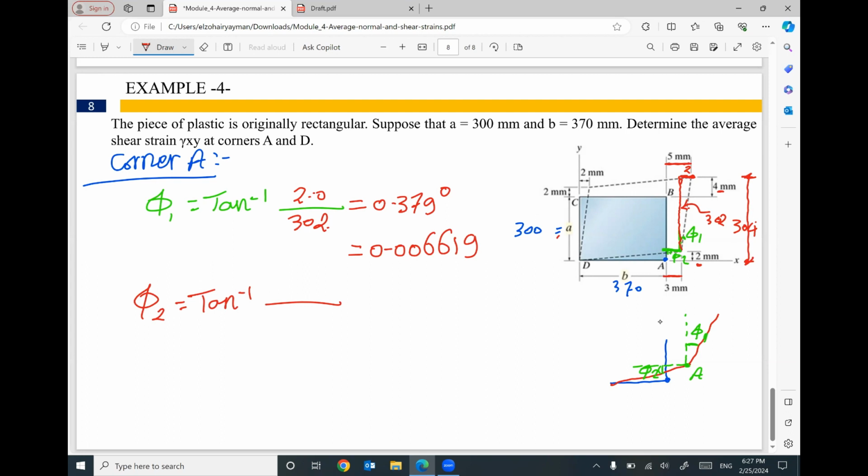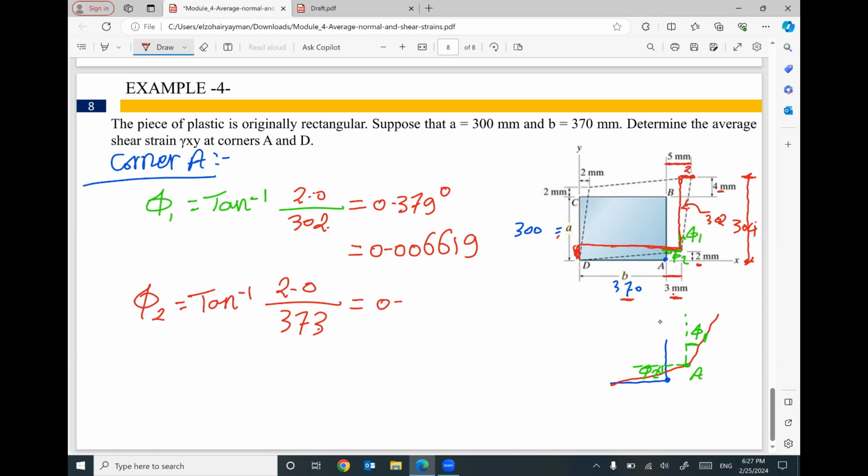Phi 2 equals inverse tan. So phi 2 will be inside this right angle triangle. Does that make sense? The opposite, which is this one, will equal 2 millimeter divided by the adjacent, which will be the total length, 370 plus 3 millimeter. It will be 373. So this angle will be inverse tan of 2 divided by 373.